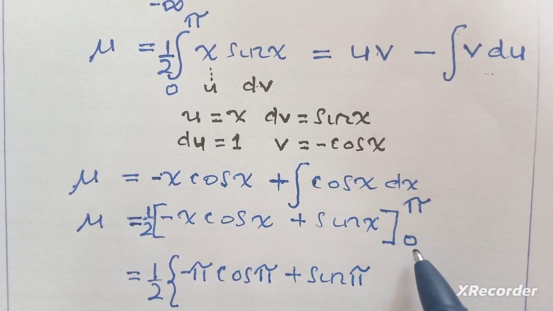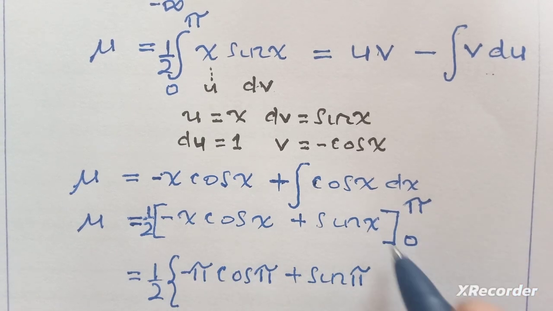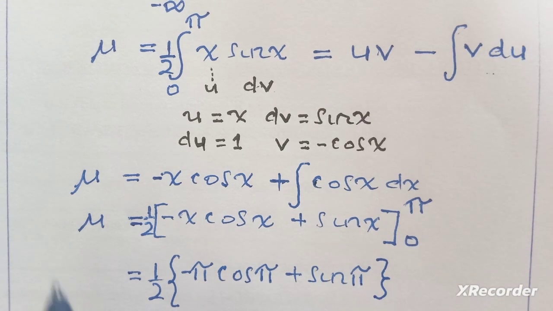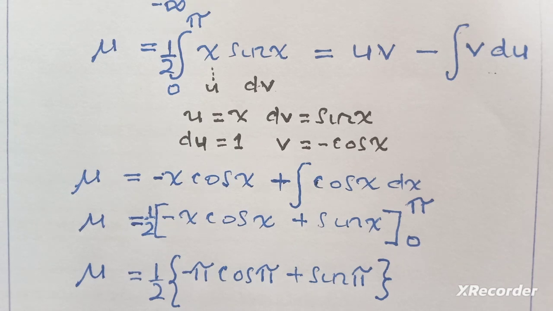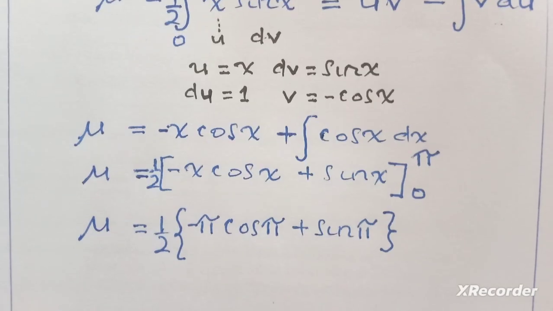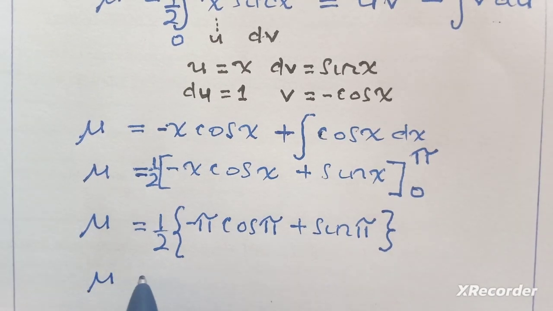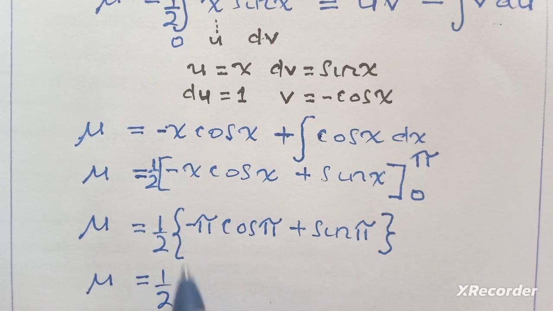Now minus, when we place 0 here, 0 and 0, and 0 here, it will add up to 0. So finally, this is what we are now going to get. We have already replaced. So guys, we come and now work out our problem here. So this one is going to be pi. Mu, which is the mean, will be a half, and then we are going to have negative pi there.